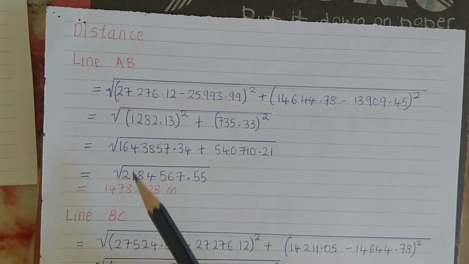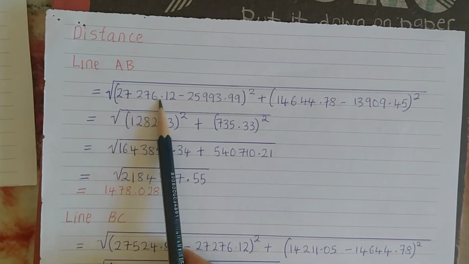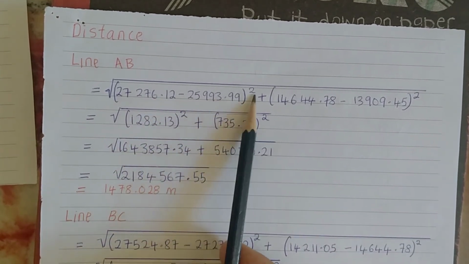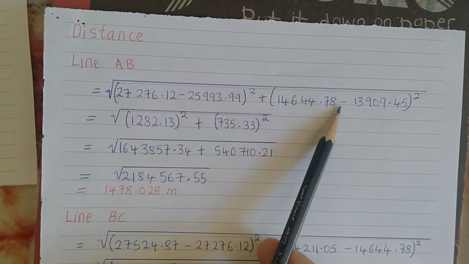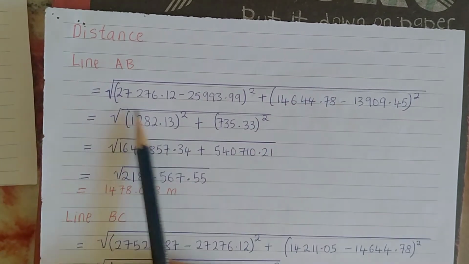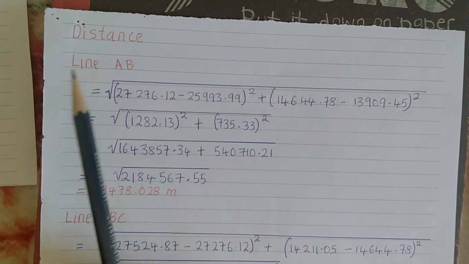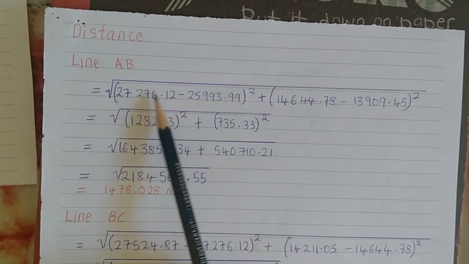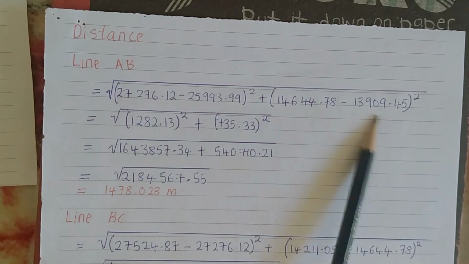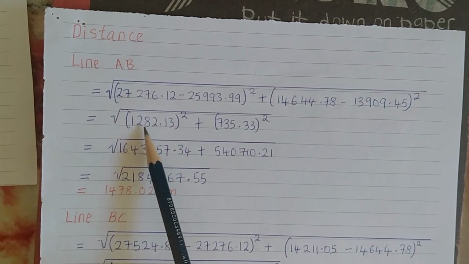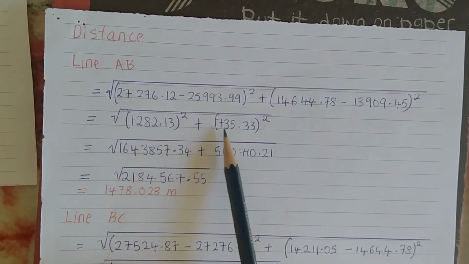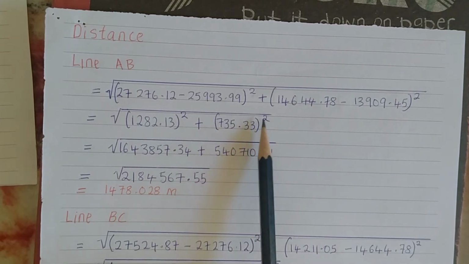So now we take our easting 2 minus easting 1 squared plus our northing 2 minus northing 1 squared. We are calculating for line AB. When you calculate what is in the brackets, you'll get 1282.13 squared plus 735.33 squared.